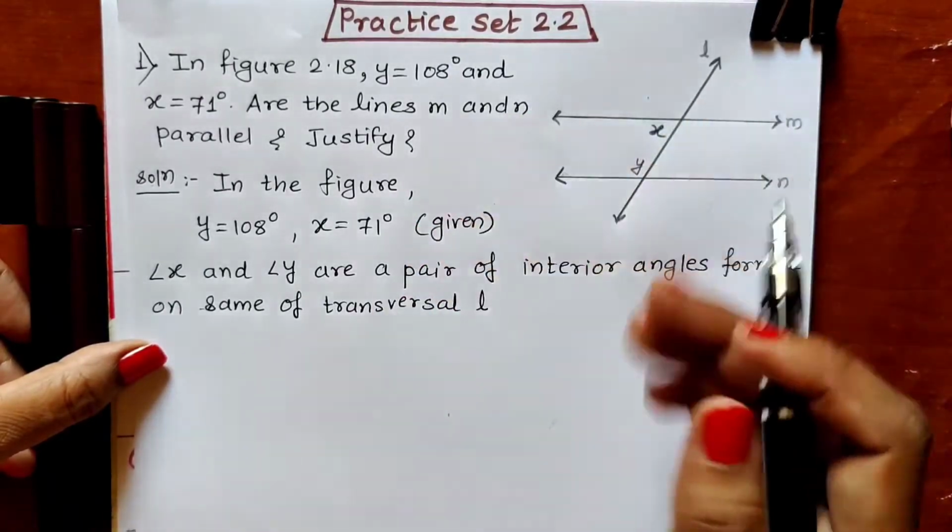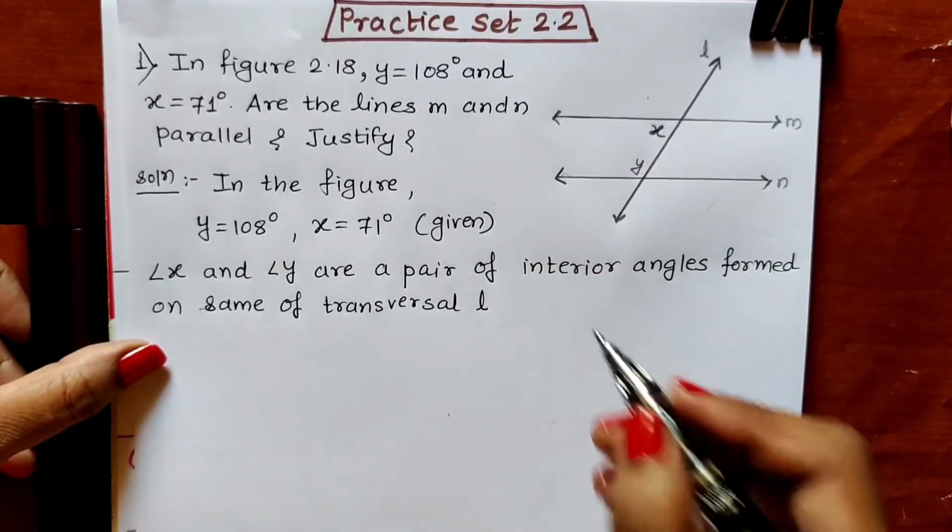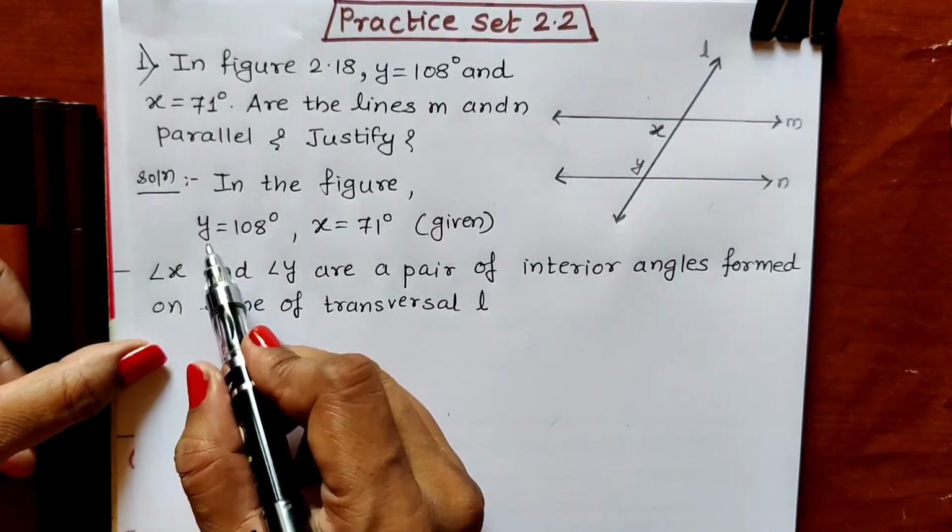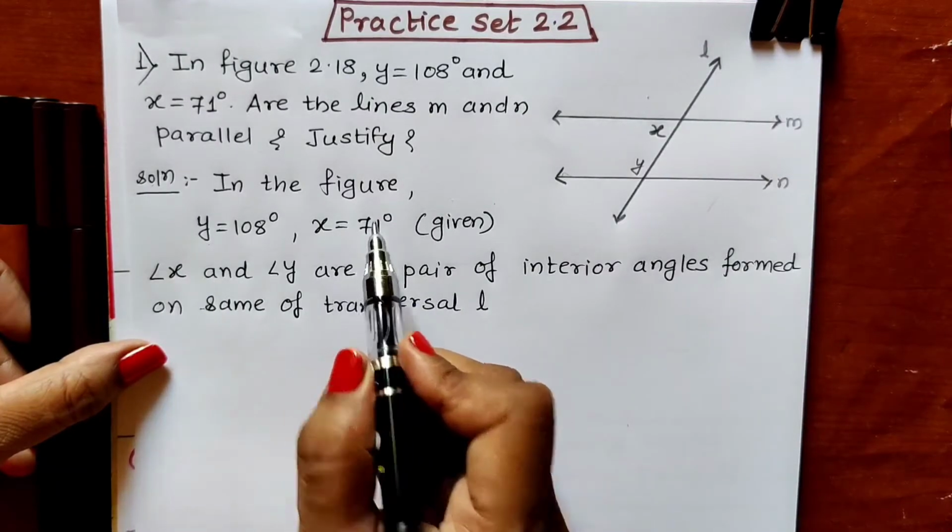They are on the same side of the transversal L. So, this is given to us. Y is equal to 108 and x is equal to 71.